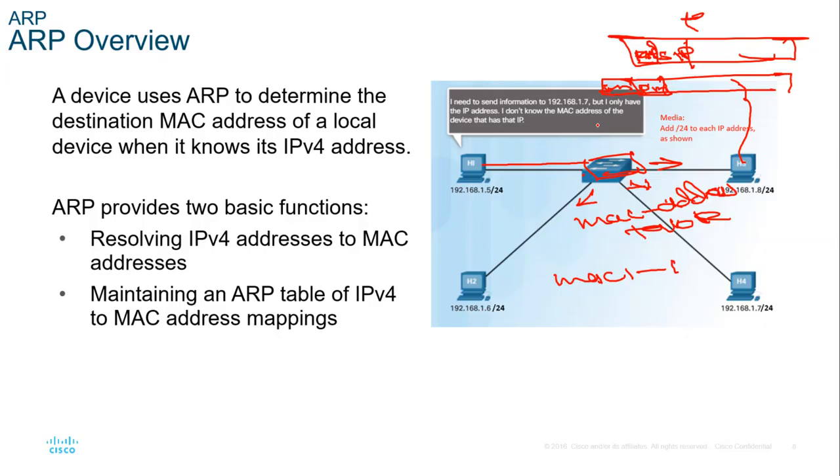So now, if the IP address within the ARP packet matches the IP address on the network interface card of this computer, then it's this computer that replies back. These other ones will not reply back.